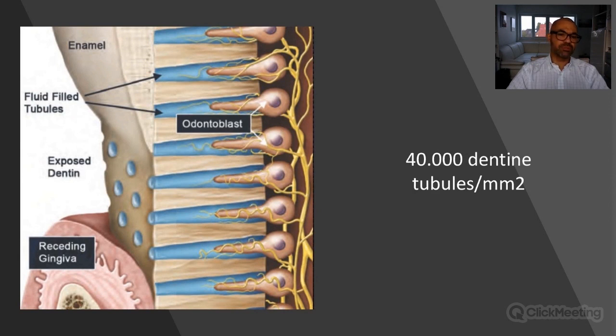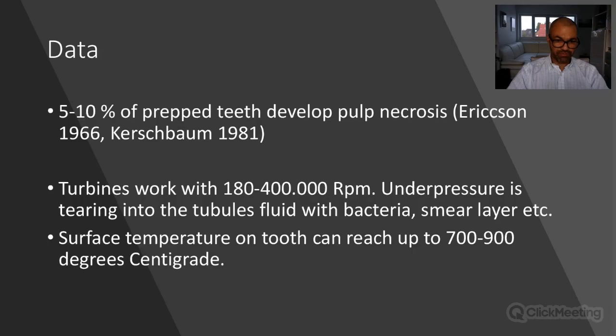We have 40,000 dentin tubules per square millimeter. So when we do a preparation with a turbine, we open those tubules, and this might expose the odontoblasts with their nerve fibrils. This is why many patients have, after the preparation, some sort of issue regarding pain and sensitivity to temperature.